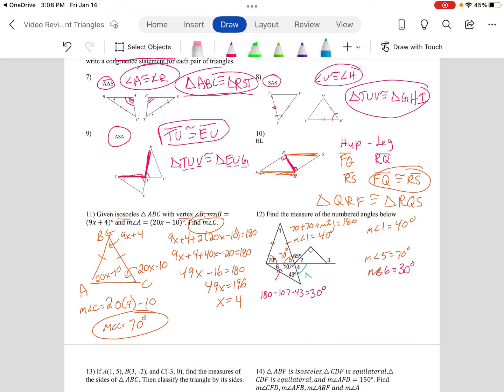I know angle 4 and the 107 here are linear pairs, so I know this is going to be 180 minus 107, which is equal to 73 degrees.